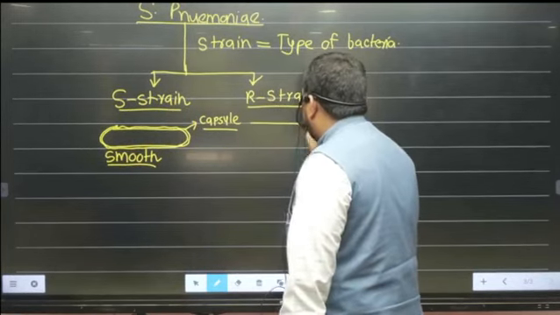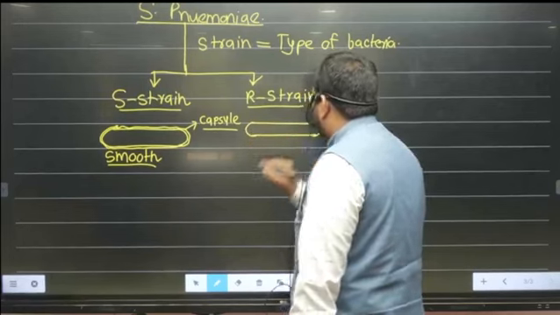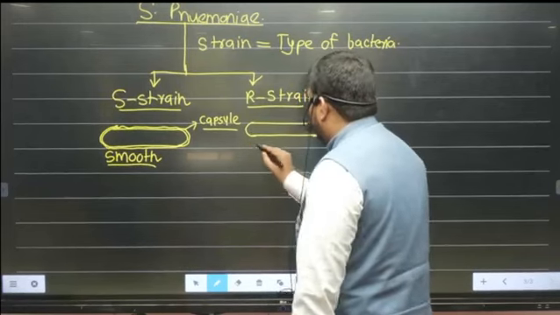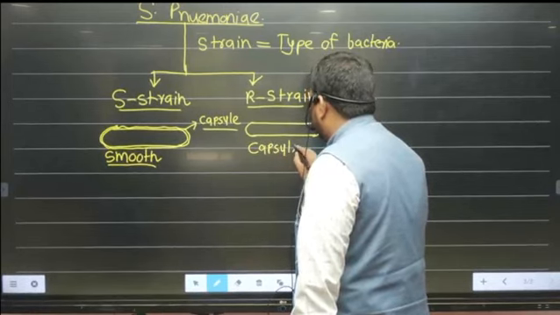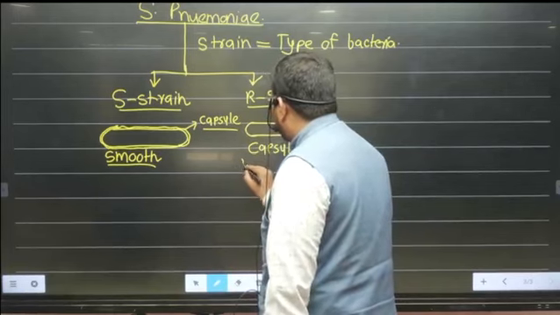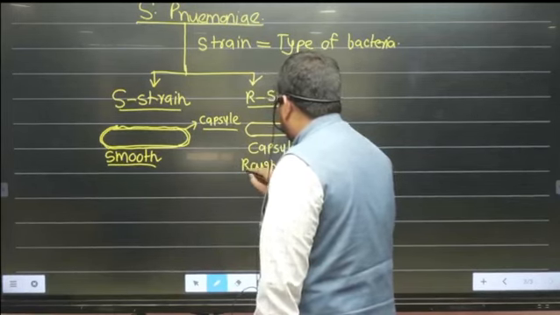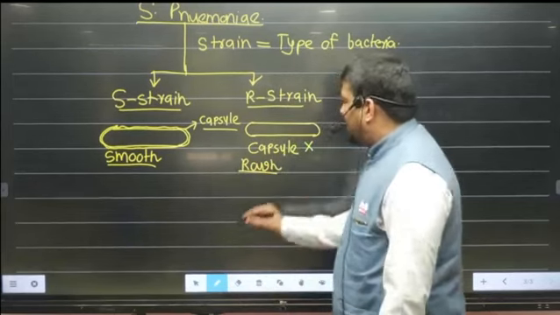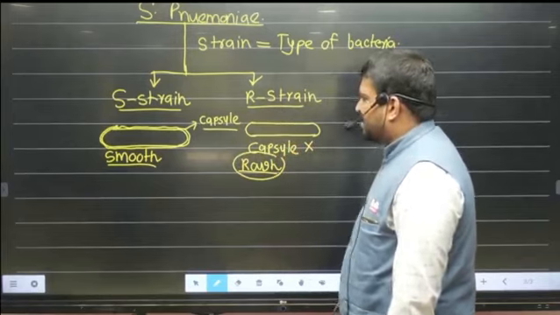On the other hand, the R strain does not show the presence of the capsule, and therefore the appearance of this kind of strain is rough, called the R strain.